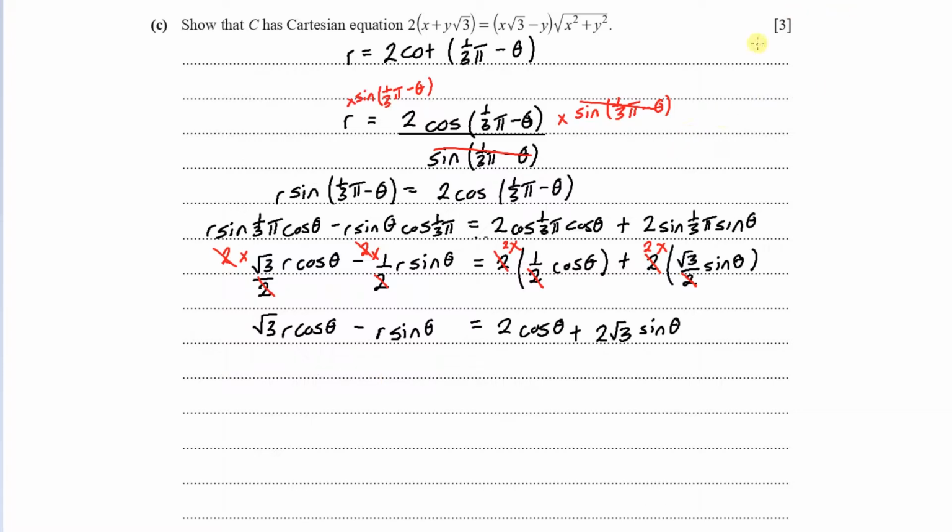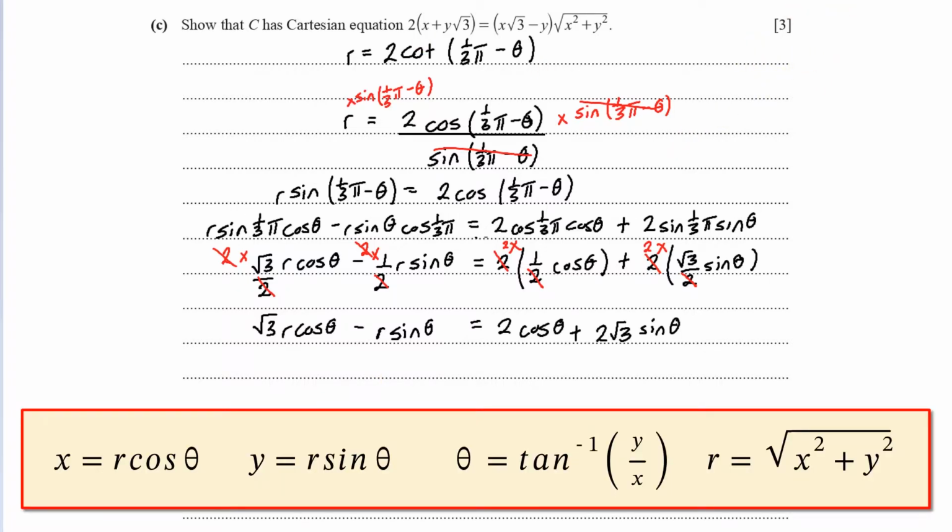Now for cos theta, we can use this important result to say cos theta is x over r. So it's like we have root 3 r is x over r. And that's minus r of sine theta should be y over r. And here we said cos theta is x over r. And here sine theta is y over r.